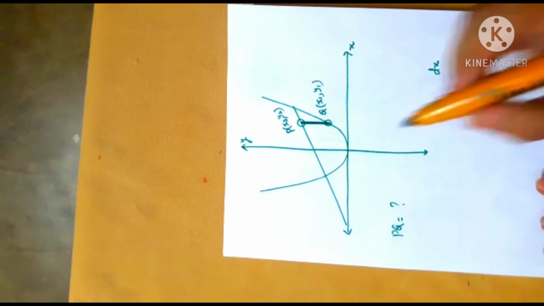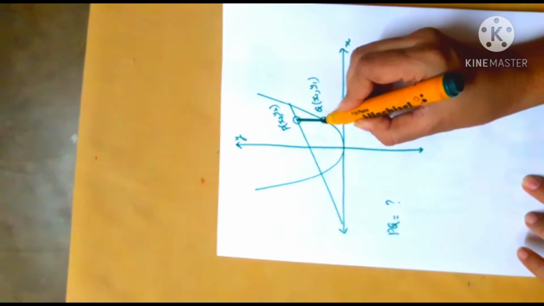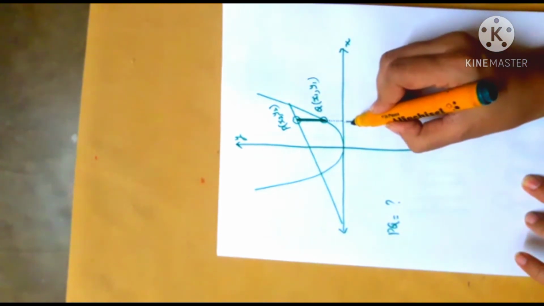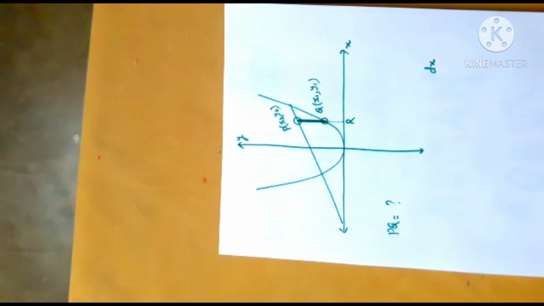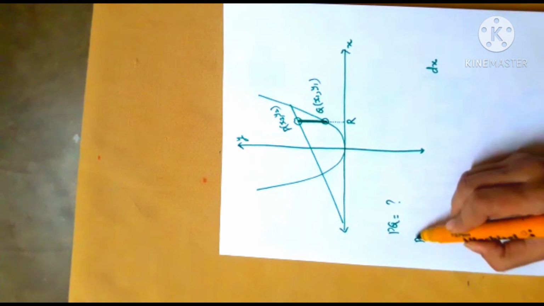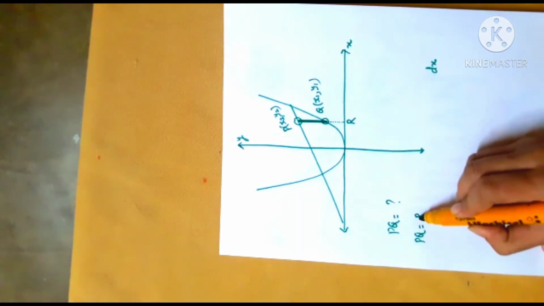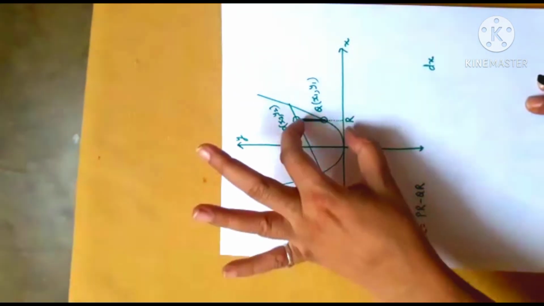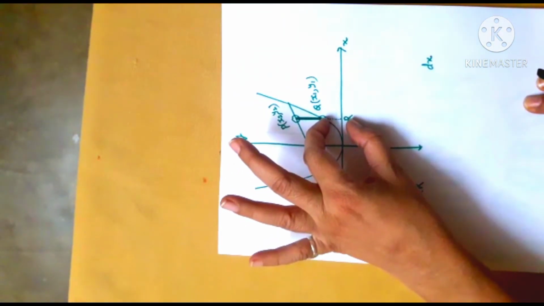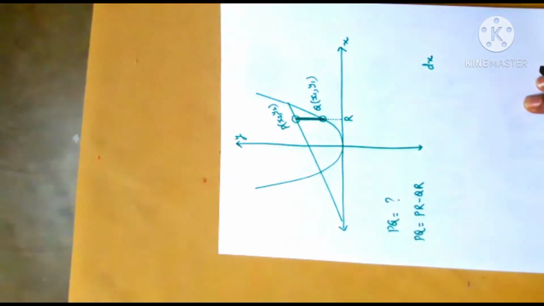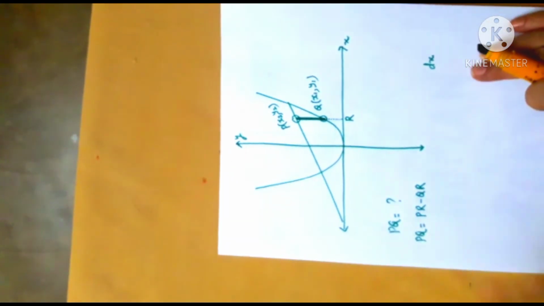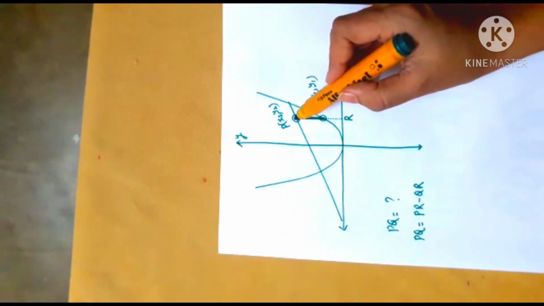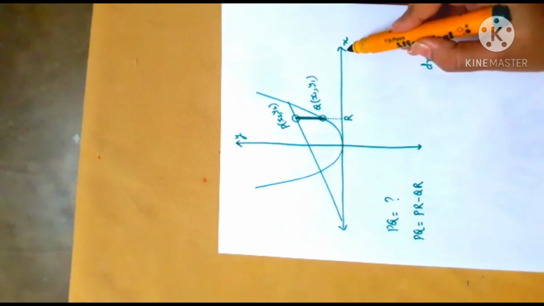Now look here. Suppose I extend this to this point, say R. Do you agree that PQ is PR minus QR? This minus this will be equal to PQ, right? Now, PR is the distance of this point from the x-axis.